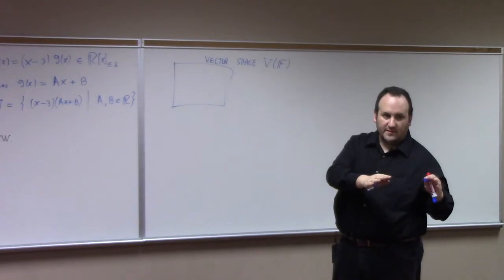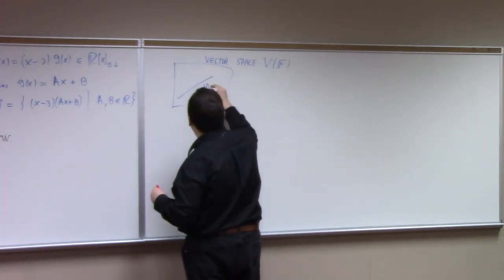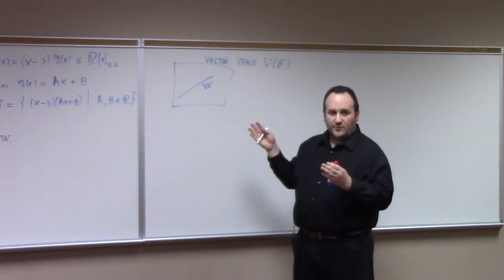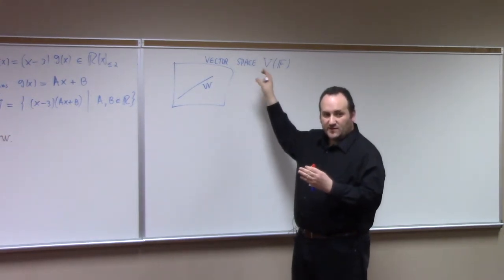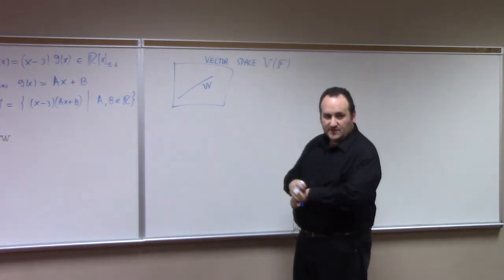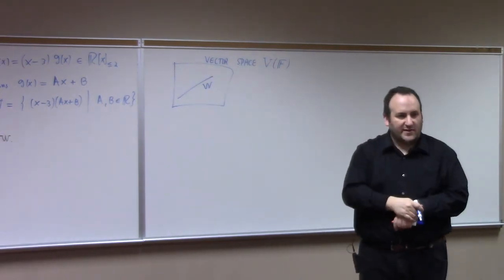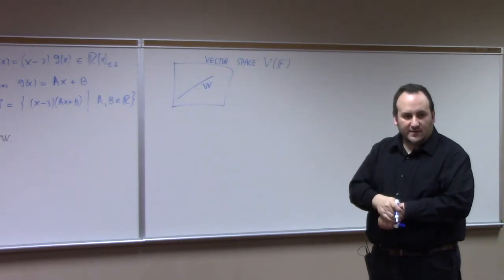W is a subspace if it's some subset of V, which itself is a vector space with respect to the addition and scalar multiplication of the universe in which it lives. So it's a smaller set of a vector space which still behaves like a vector space in the sense that you take the sum of things, it's again in there.